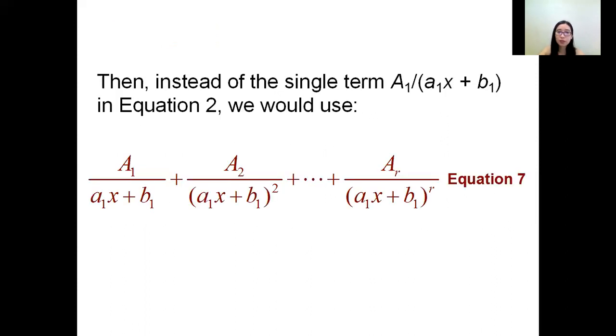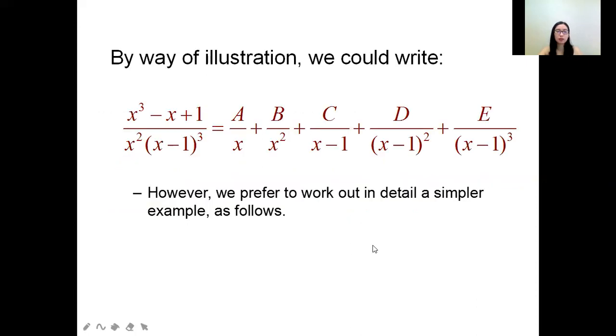Then instead of writing a single term, capital A sub 1 over a sub 1 x plus b sub 1, in equation 2, we should use capital A sub 1 over a sub 1 x plus b sub 1, plus capital A sub 2 over a sub 1 x plus b sub 1 squared, and so on until the last power, depending on how many times the factor is repeated. So now this is our equation 7.